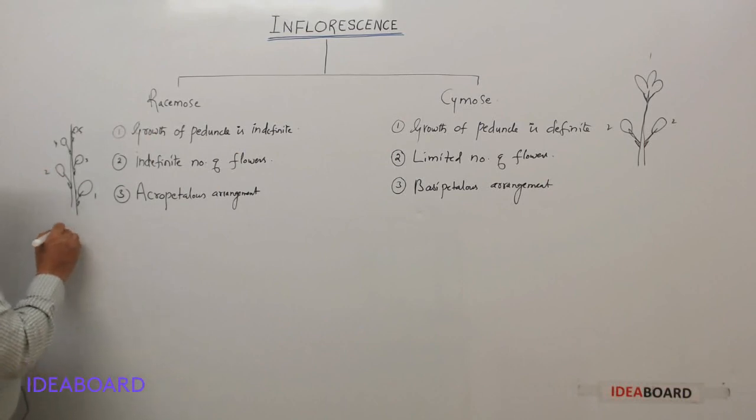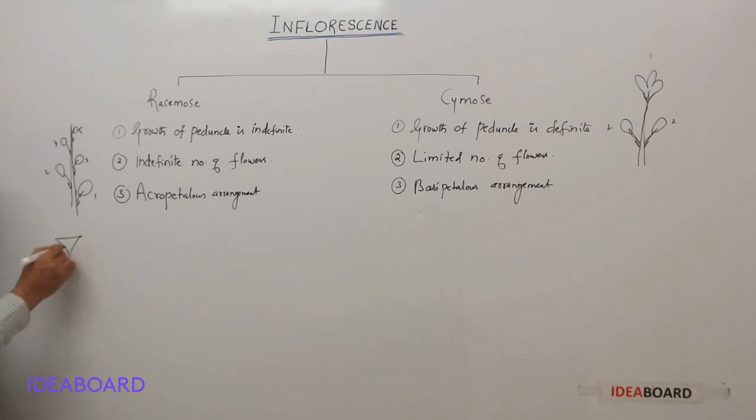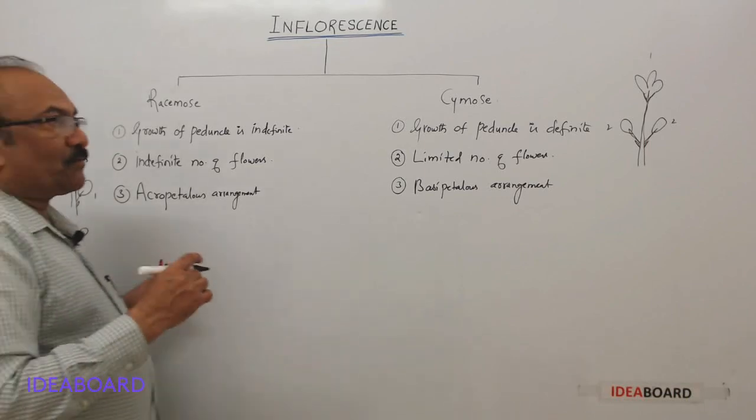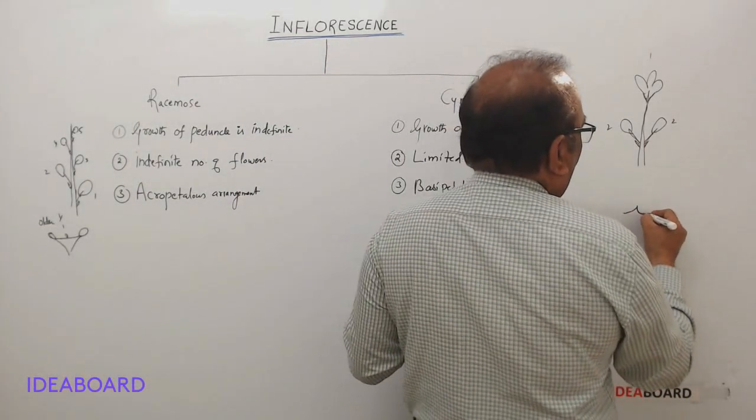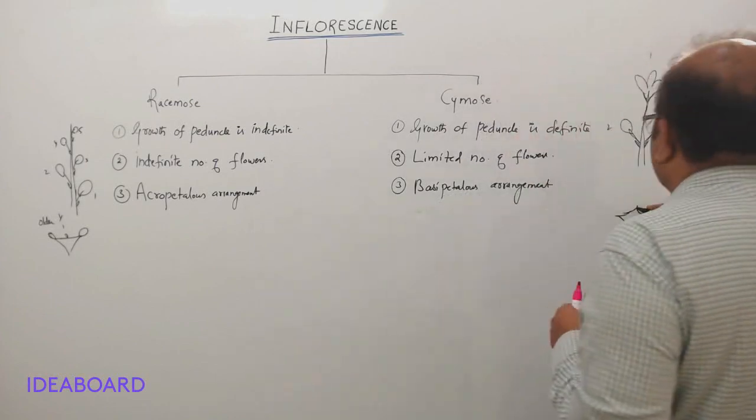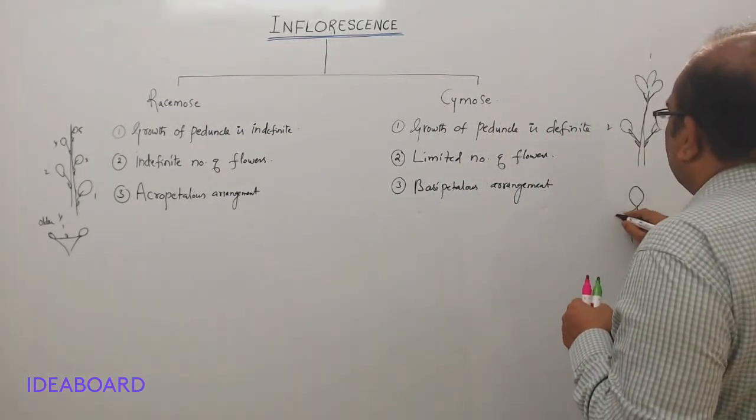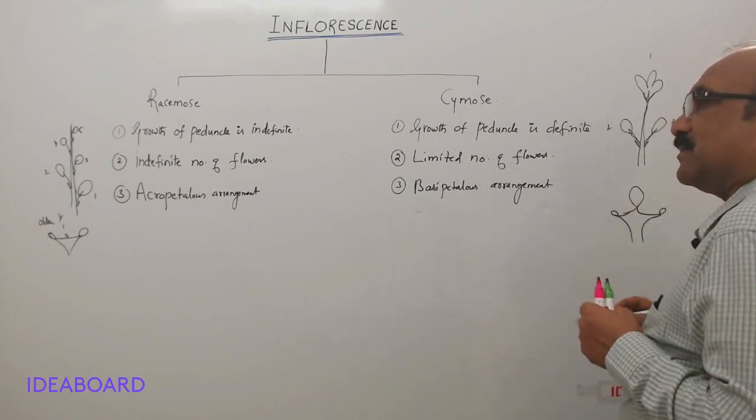And suppose this axis, the peduncle, is a condensed axis, then you will find the youngest flowers in the middle and the older ones toward the periphery. So this is the older flower and this is the younger flower. Here also, when the peduncle is condensed, the older flower is in the middle and the younger ones are toward the periphery. I hope it is understood.